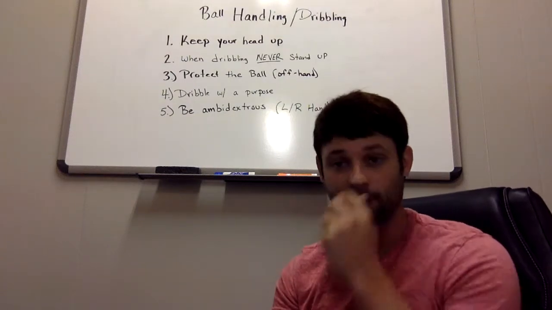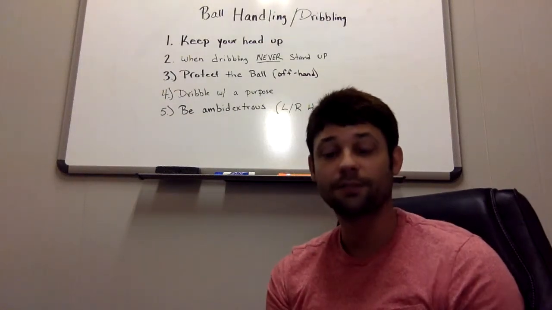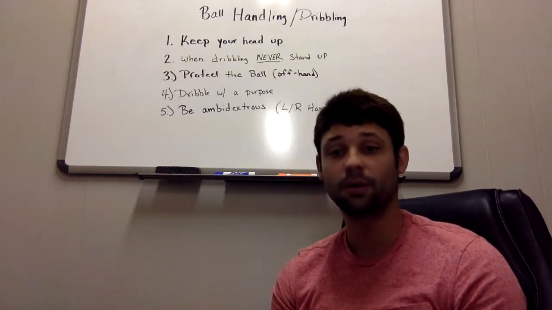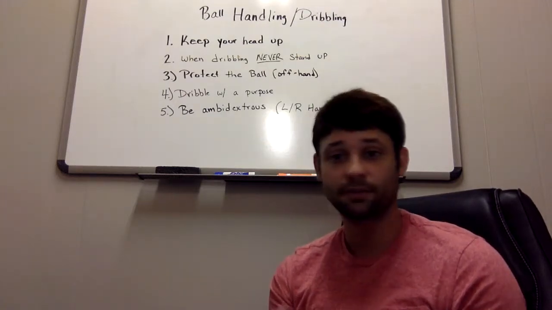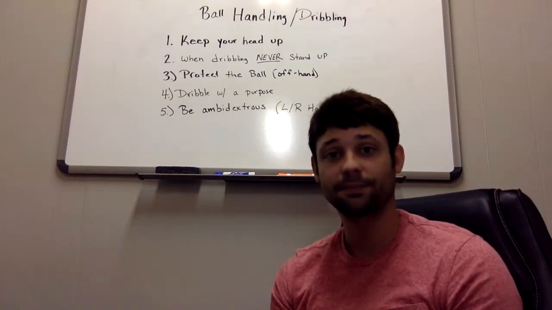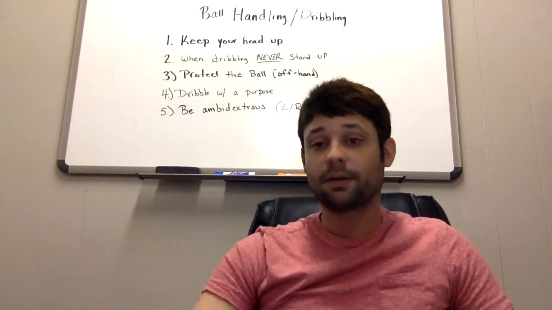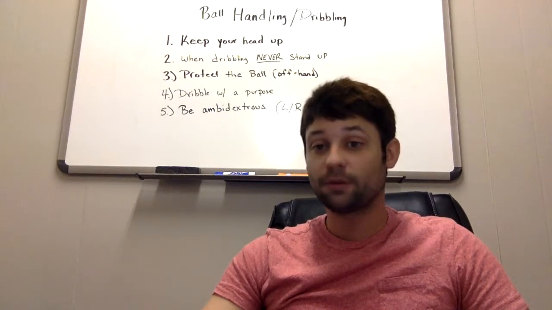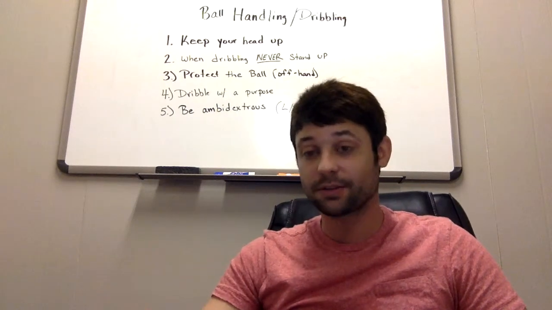So that sums up our three basic offensive fundamental skills. Obviously, there's a ton more, but I just wanted to hit those three main things right there. A main thing about dribbling is don't pick up your dribble unless you for sure have a shot or pass right there.